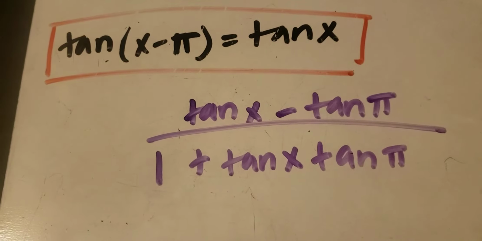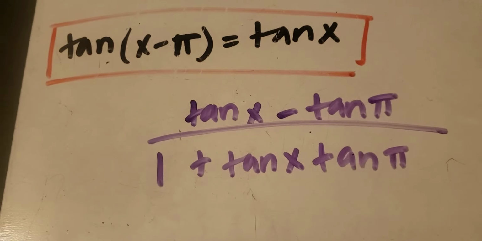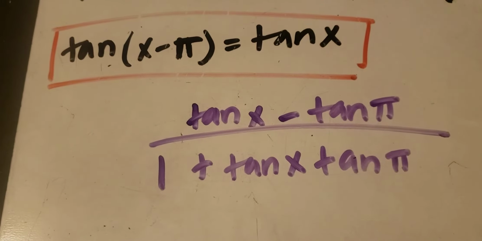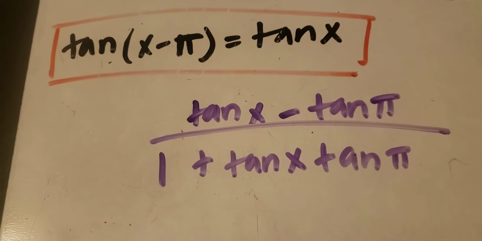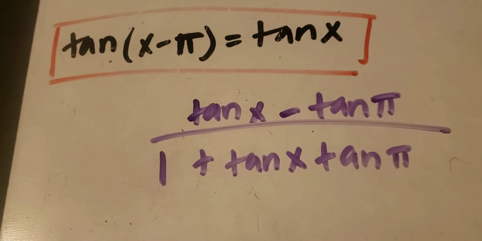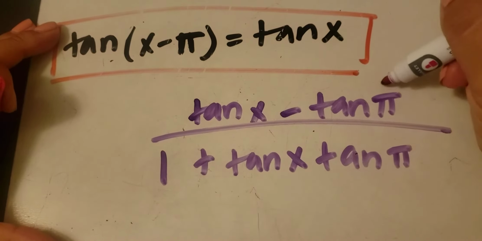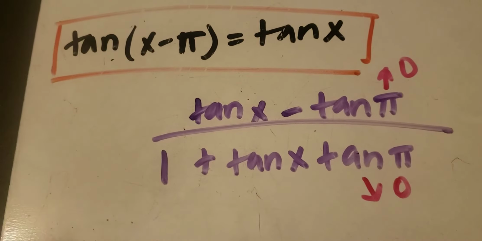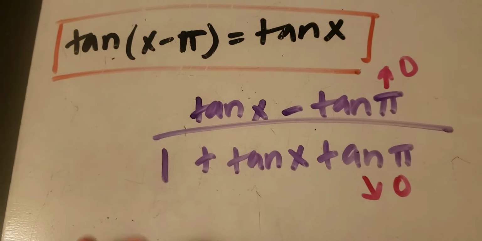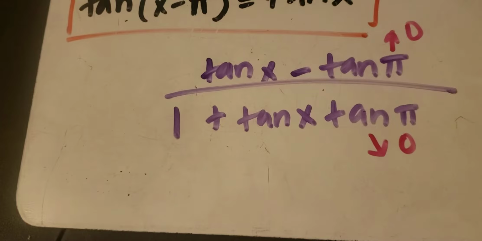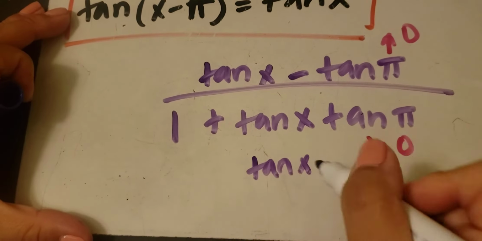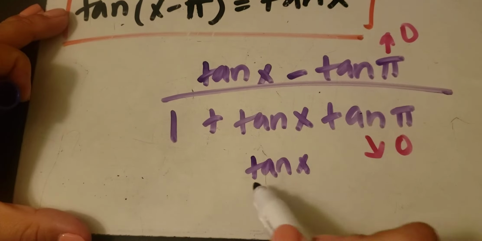Now you can just use your unit circle to figure out what tangent of pi is. According to our unit circle, tangent of pi is 0. So I can simplify this to tangent of x minus 0, so I don't have to write that down.